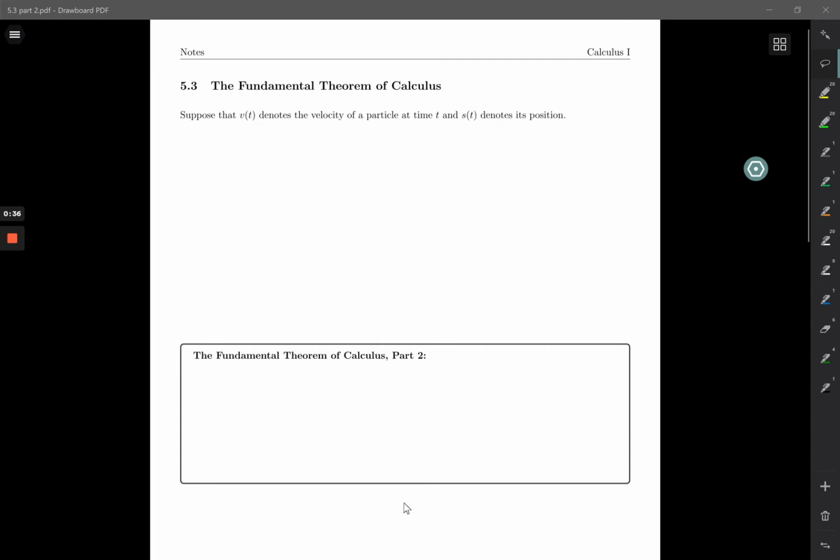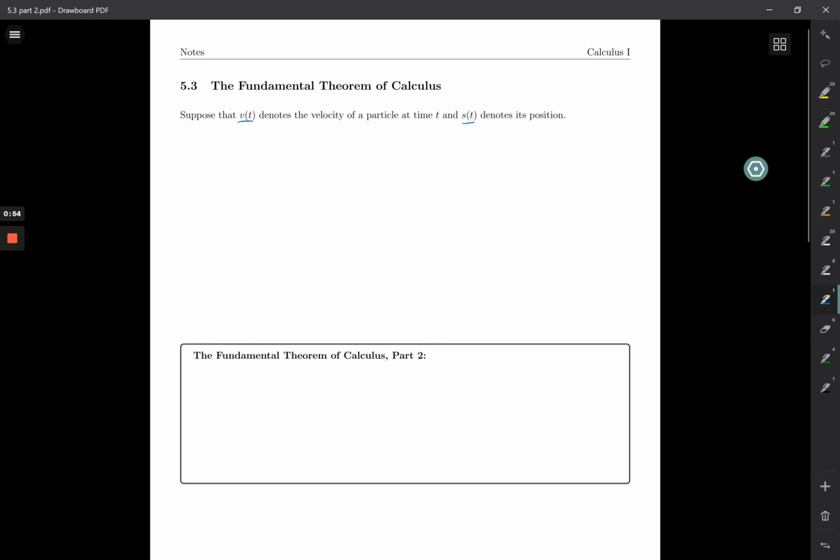And so what we're going to do is try to approach this idea from the point of view of a particle with a position function s of t right here and a velocity v of t.